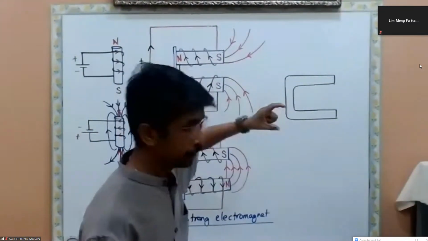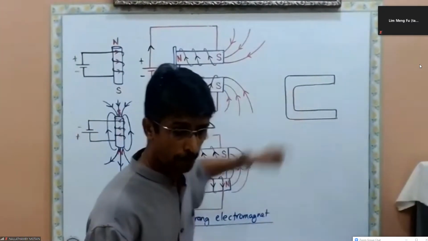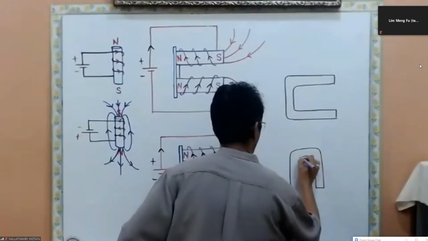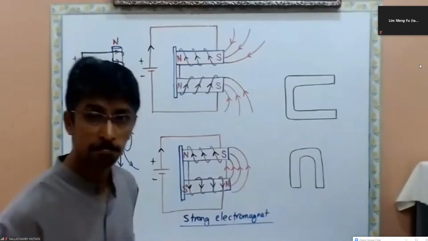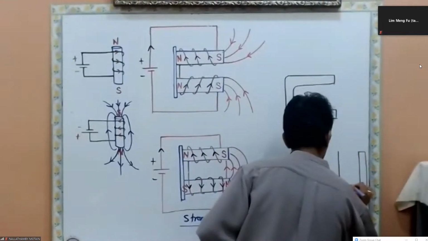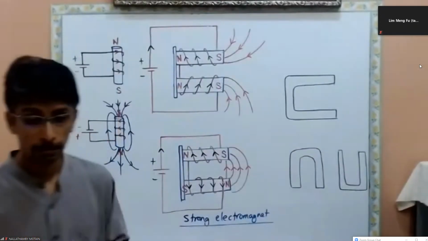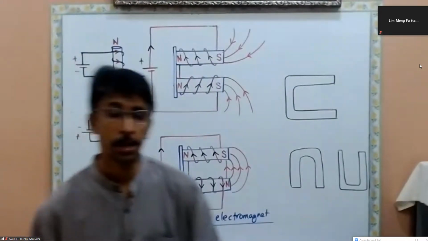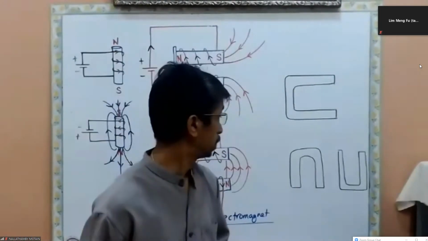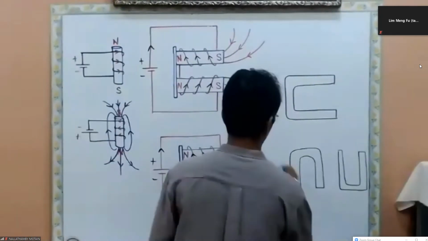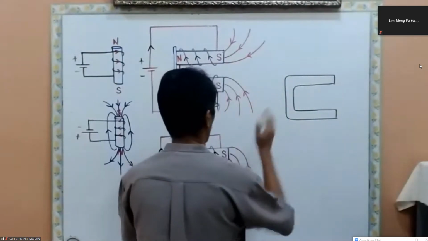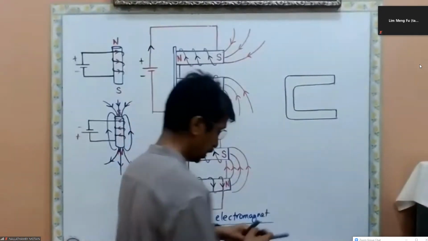C. Correct? It is what? C shape. Or if you place like this, it is what? N shape. Correct? Or if you place like this, it will become what? U shape. So you can say in the exam, U shape, N shape, or C shape. Right? So anything can. Okay. So later I tell you the shape. And then next is the way you're going to wind the wires. So that we have to wind the wires.